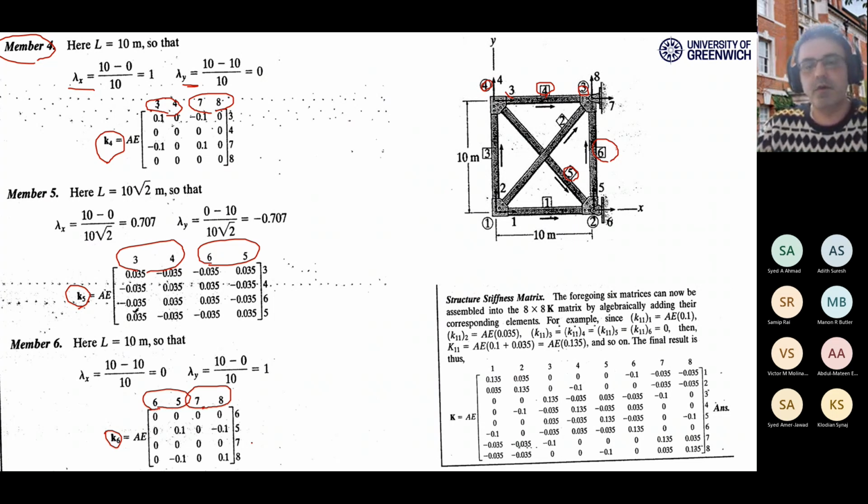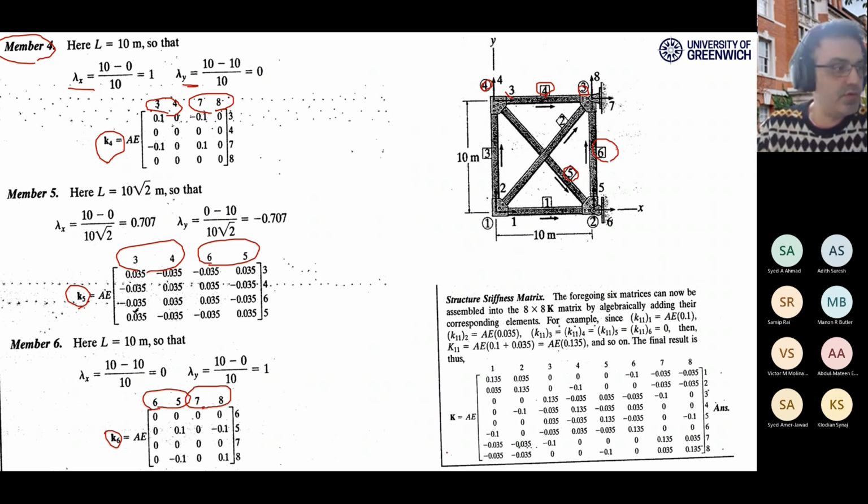So we have all together 6 elements. Each element has a 4 by 4 matrix. So you have 6 individual 4 by 4 matrices, and you need to put all of these matrices into the bigger matrix, which is the matrix for the whole structure.